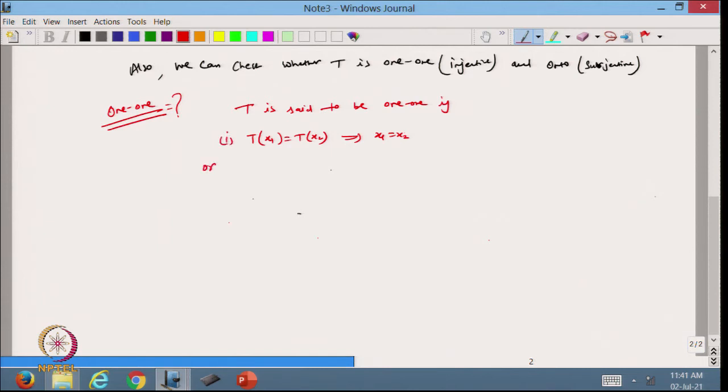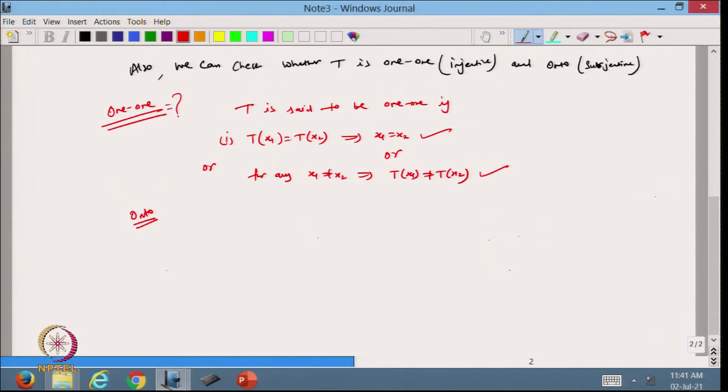Or, for any x1 not equal to x2, it implies that T of x1 should not be equal to T of x2. So, either of these two conditions I need to satisfy to check whether T is 1 to 1 or not.